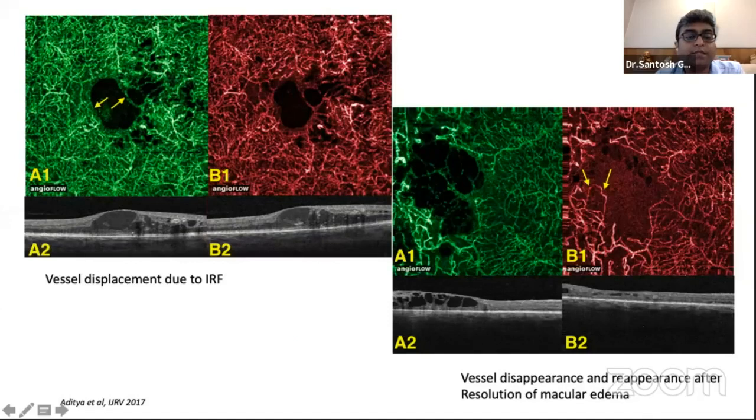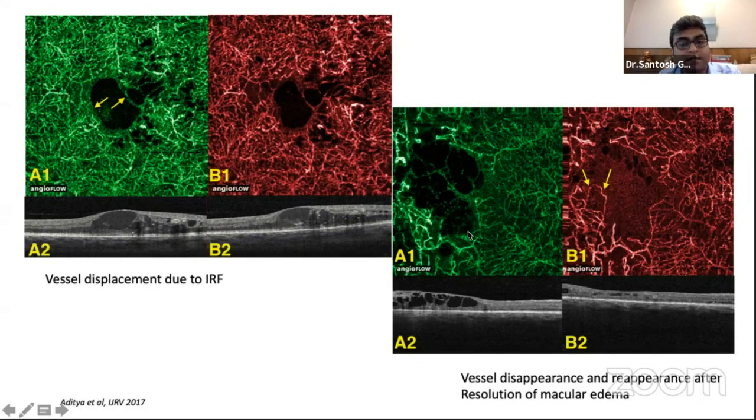And there's another phenomenon that can happen when there's a macular edema. The vessels do get displaced over a period of time. They get pushed because of the intraretinal fluid. So we can see the disappearance of the vessels, then again reappearance of the vessels. We can see the vessels were not there here, but after the edema resolution, we can see the reappearance of the vessels.